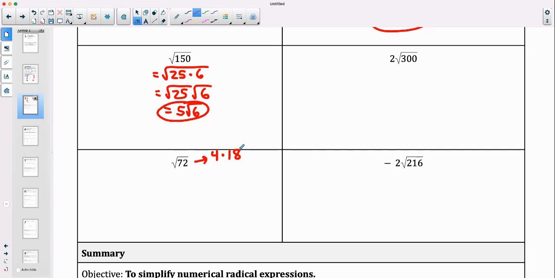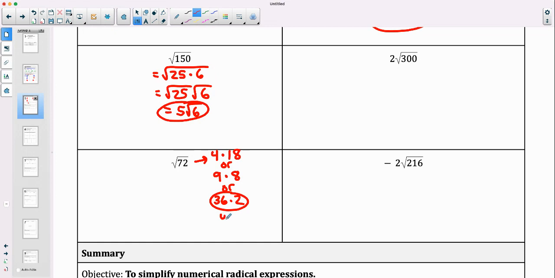But there's perfect squares in the list that are bigger than that. So that's not the one that we want. We could do 9, because 9 goes into it 8 times, but there's something even bigger that would work. And it would be 36. 36 goes into the 72 twice. We're going to pick this one.